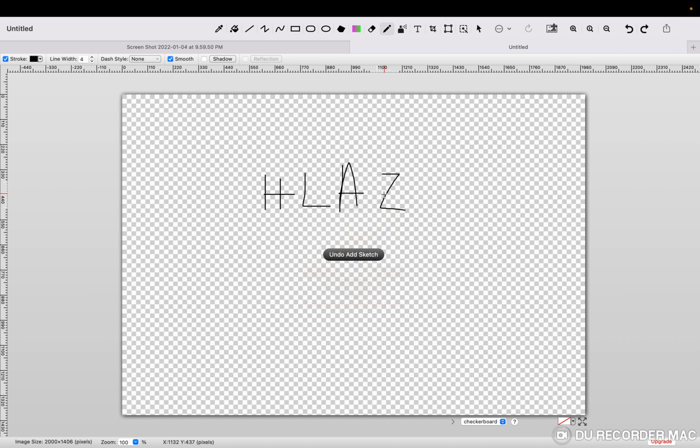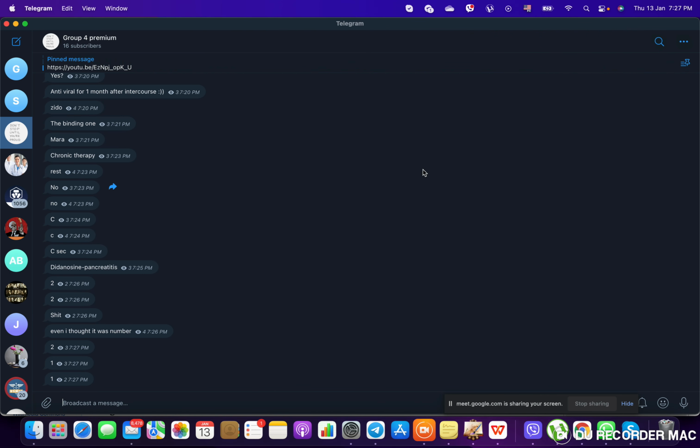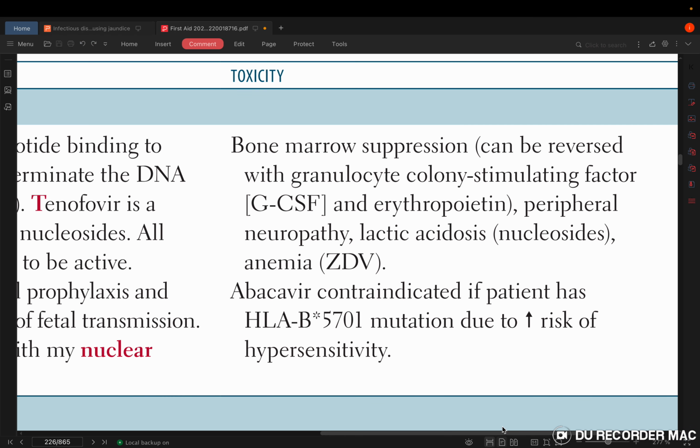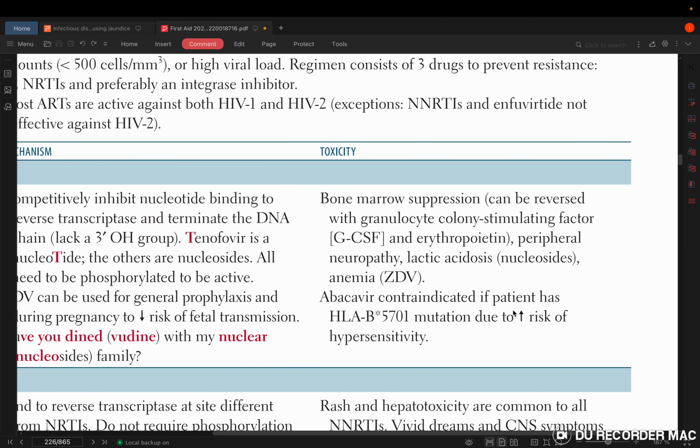What about if you get something saying HLA-T124815? You don't care about the number. You have one letter. That's it. Done.